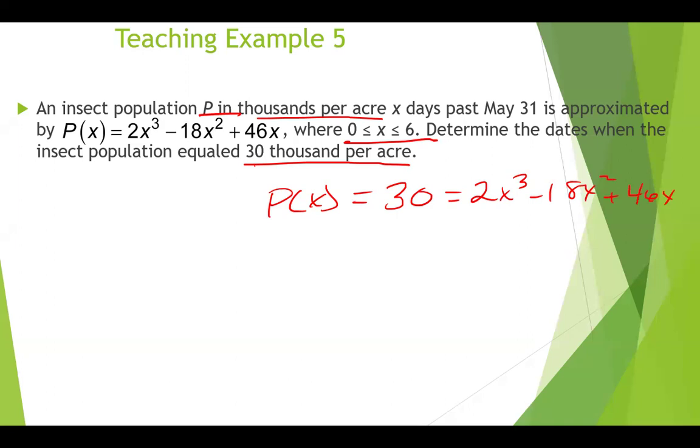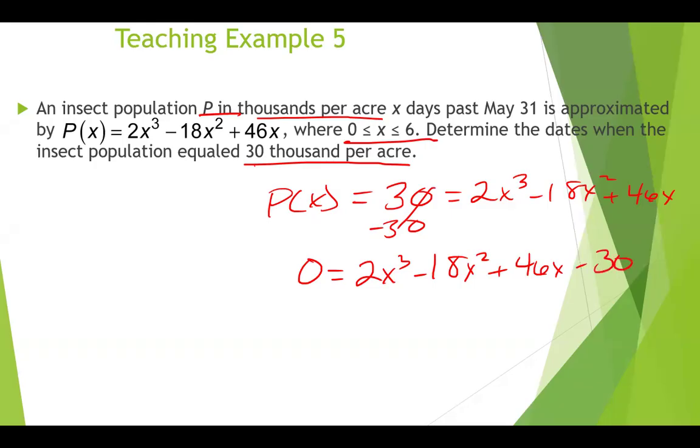In order to use the factor theorem, this must be equal to 0. Currently, it's equal to 30. What would I need to do to make this equal to 0? Subtract 30. So when I subtract 30, I'm left with 0 equals 2x to the third minus 18x squared plus 46x minus 30.